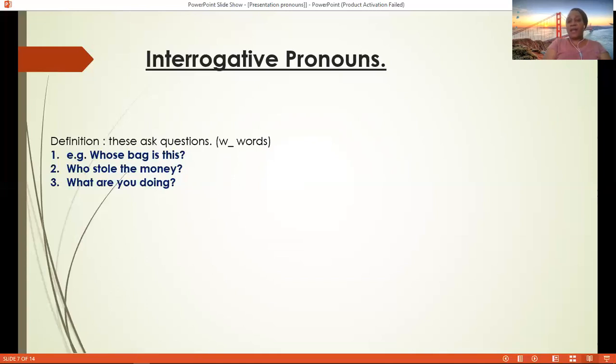Who stole the money? Who is the pronoun. What are you doing? What being the pronoun. These pronouns always ask questions. They always help us ask questions, the interrogative pronouns.